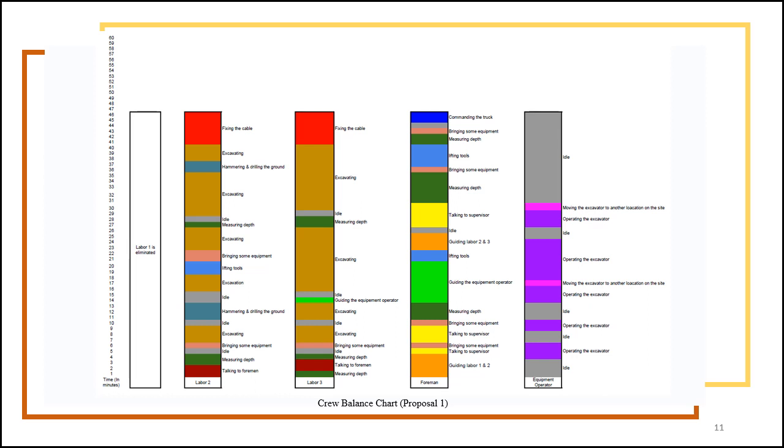And here is the crew balance chart for our first proposal. As you can see, laborer number 1 is eliminated and we have 2 other laborers, 1 foreman and the equipment operator. On the first 2 times that the excavator is being operated, we have idle times on the columns, or activities like bringing some equipment to the trench assigned to our workers.